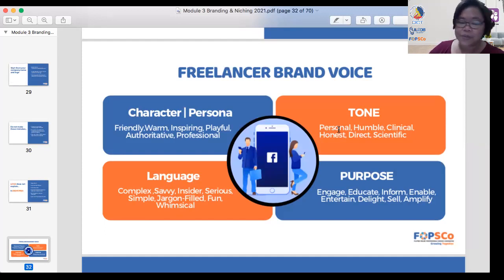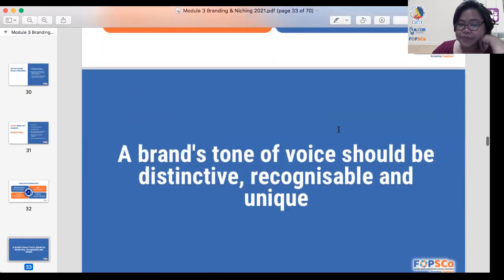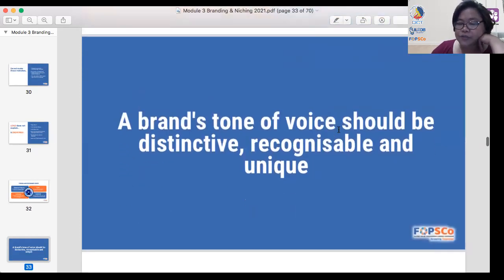Okay. And for the purpose, brand voice can be engage, educate, inform, enable, entertain, delight, sell, amplify. O, di ba? Ang daming guide for when you do your brand voice. A brand's tone of voice should be distinctive, recognizable, and unique.